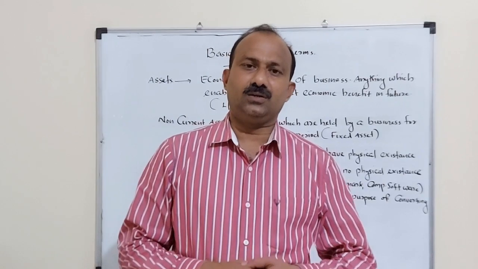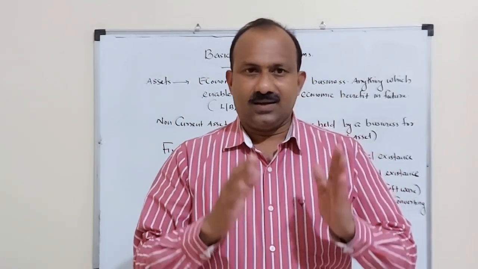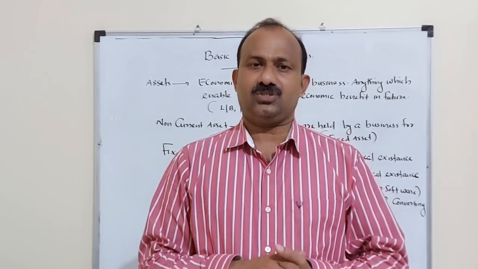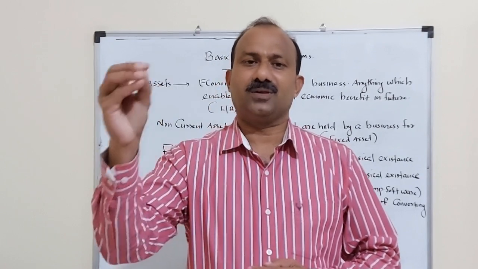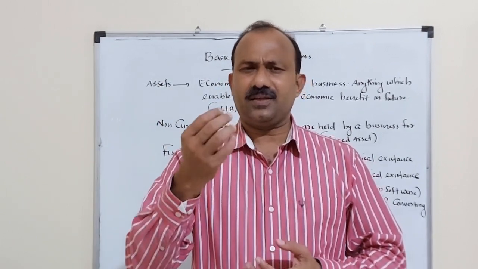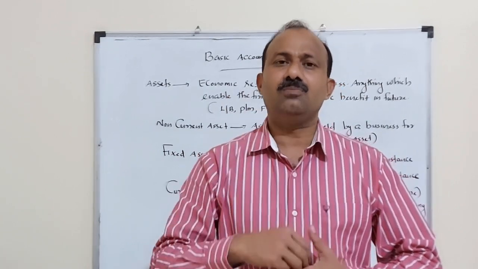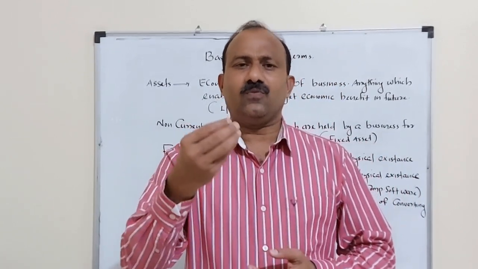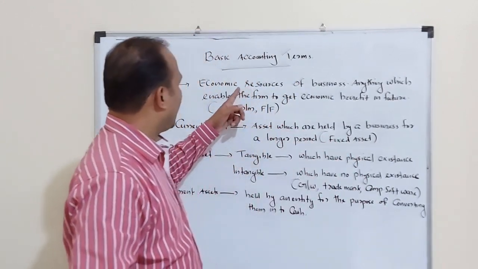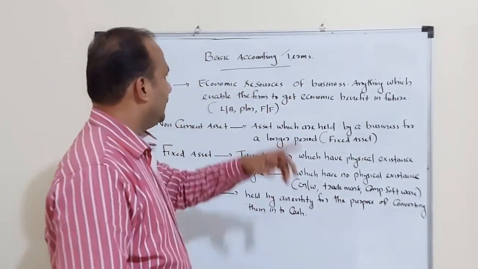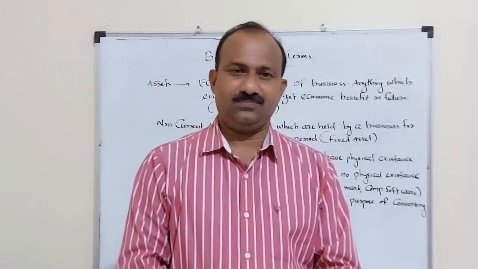Next important term is assets. Assets are the economic resources which are held by the organization as on a particular date. Assets we can call economic resources which are owned by the organization in the form of land, building, plant, machinery, furniture, etc. The economic resources of the business are anything which enables them to get an economic benefit in the future.